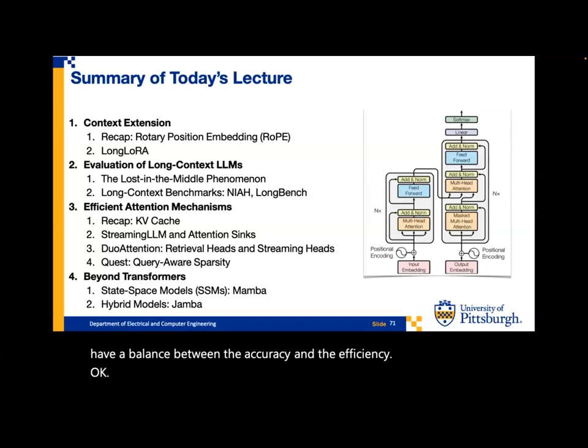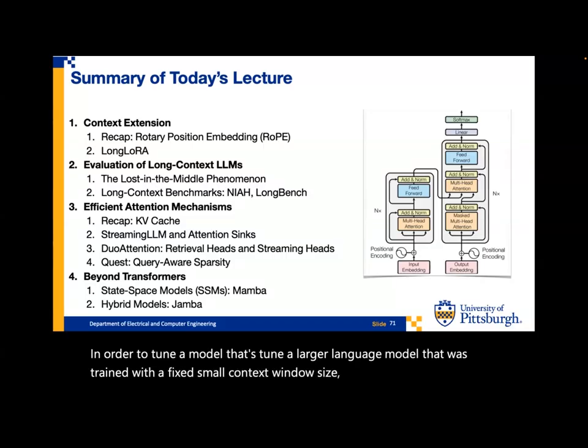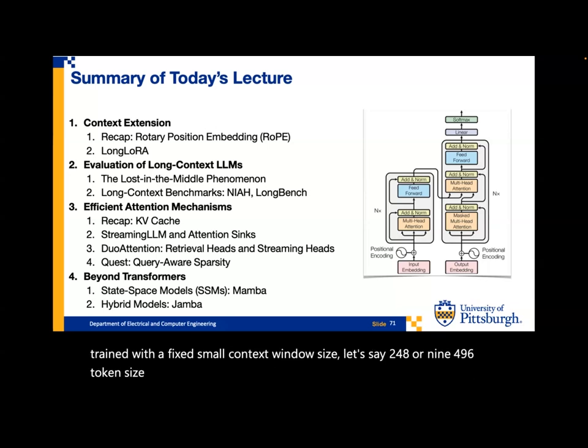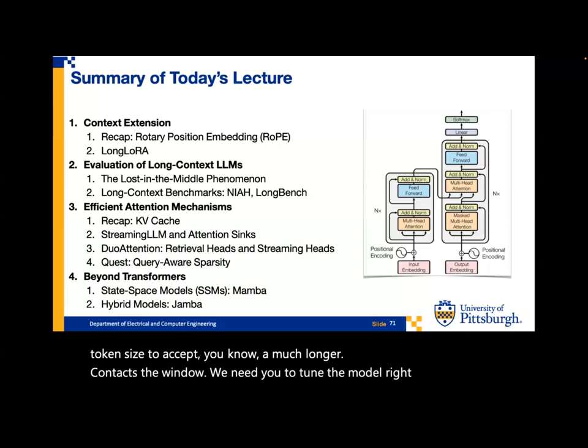So that's all for this lecture. So, recap. In order to tune a large language model that was trained with a fixed small context window size, let's say 2048 or 4096 tokens, to accept a much longer context window, we need to fix the positional encoding problem.